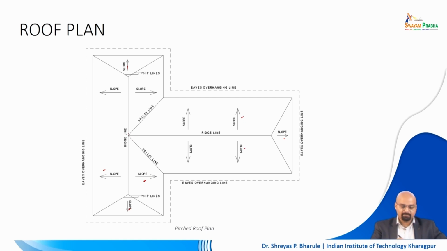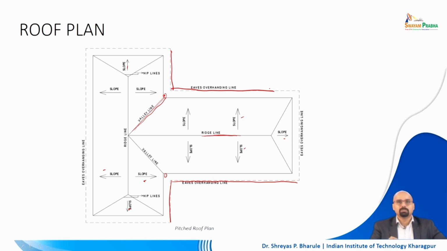You will have a ridge line, which is the top of the roof, and you will have the valley line, wherein the two slopes meet, right. The place where the two slopes meet ideally becomes the place from where you take the water down, right. Water will also drain out from here, but you will have to make a gutter on all sides, which is very important.